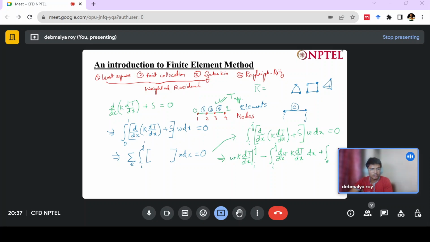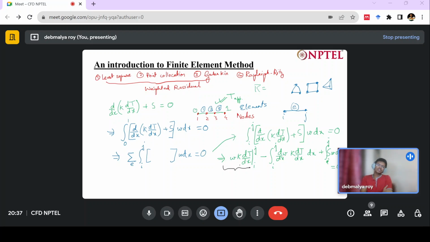Sorry, I to J. So this is equal to 0. This is all good. We can actually evaluate this right now. So let's see what our boundary term is.